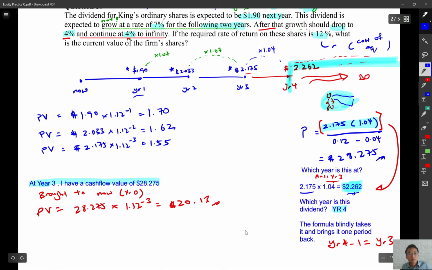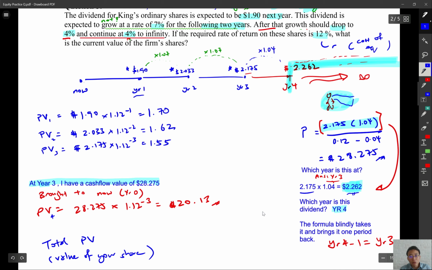And people, how many present values do you have? Present value of the first cash flow, present value of the second cash flow, present value of the third one, and don't forget the last guy below. So I now want to ask, what is your total present value? This will be the value of your share.